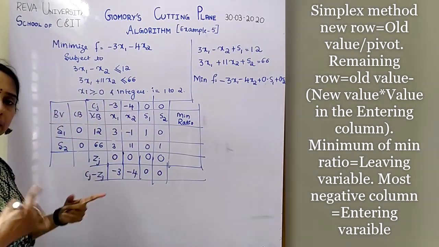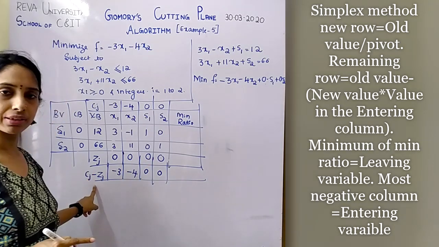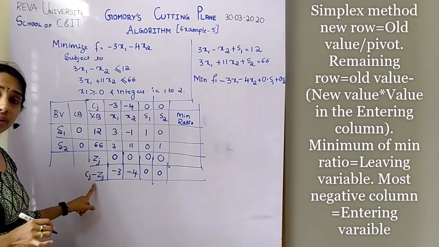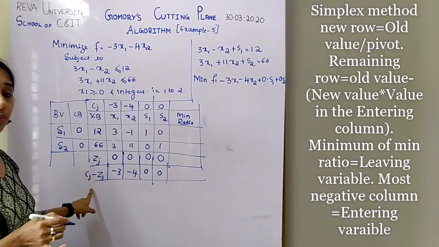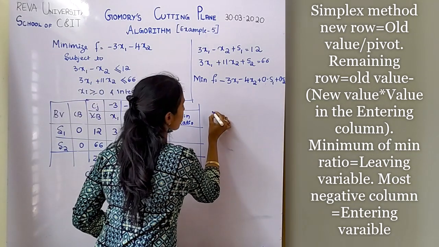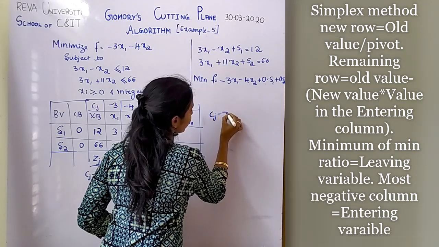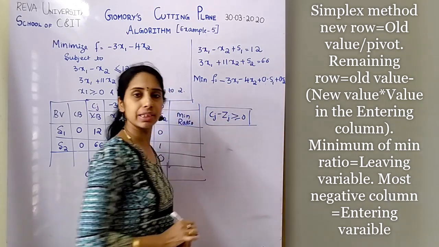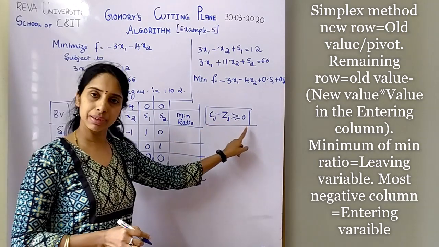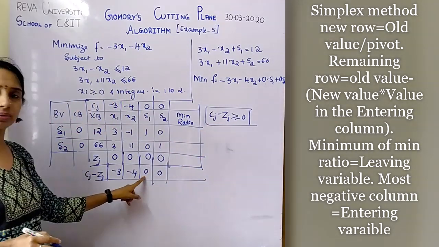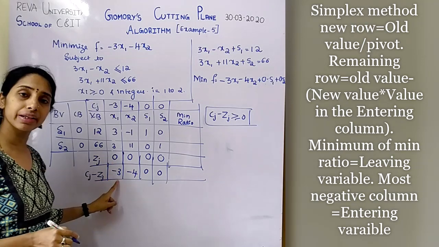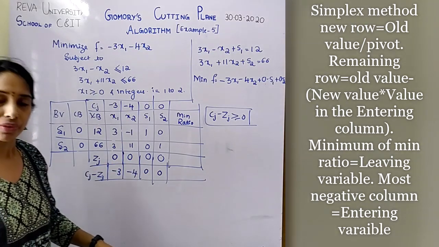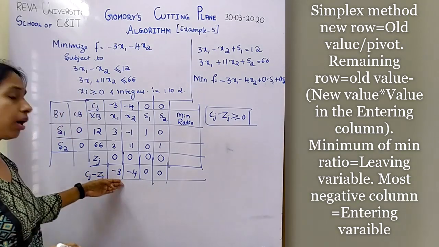Now, what is the next task? After finding this, you have to check the optimality condition. What is our optimality condition? The optimality condition says that you stop the iteration when Cj minus Zj is greater than or equal to 0. Is our Cj minus Zj greater than or equal to 0? No, it is negative. It indicates you have to continue to the next iteration. How will you continue?